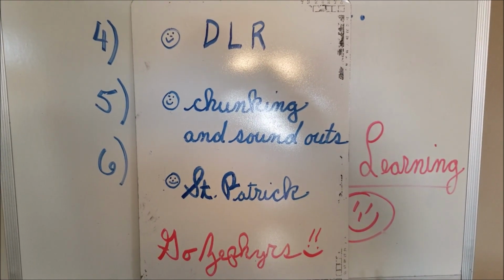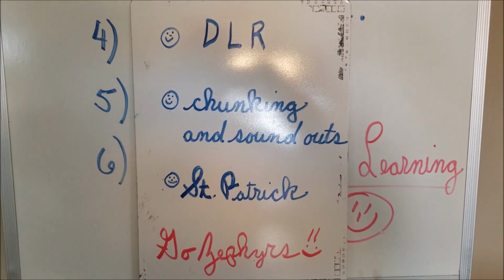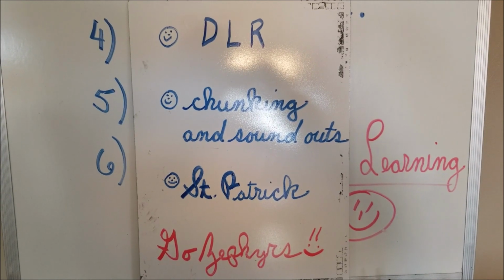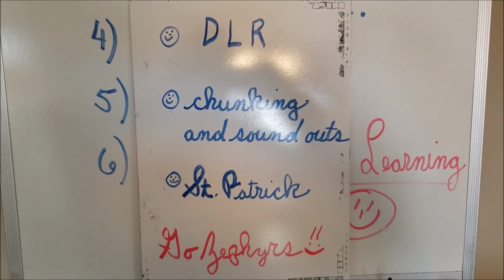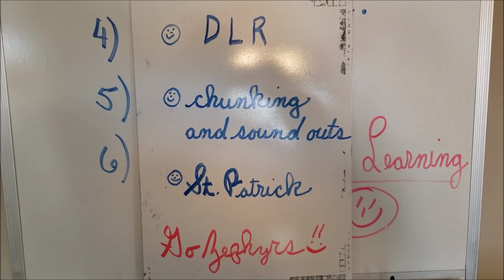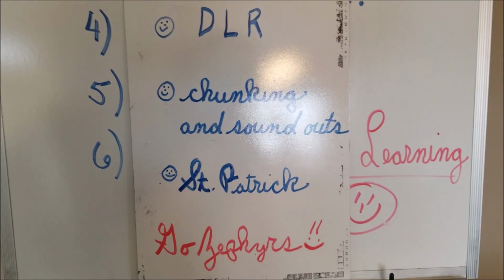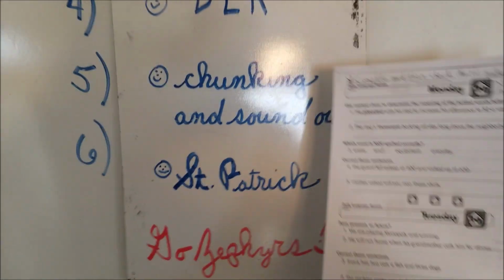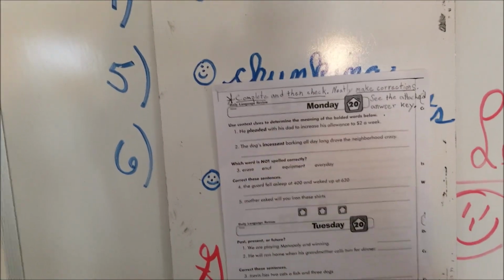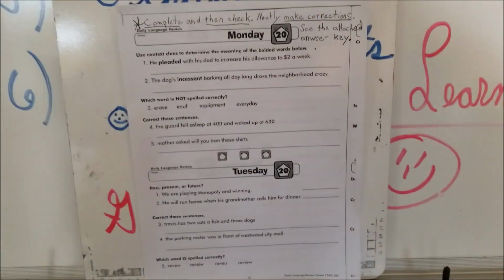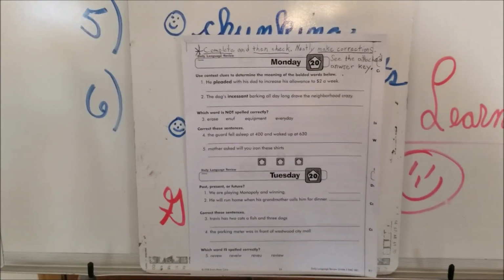Boys and girls, we'll just quickly go through the rest of day 1 now. Our next thing on the list is our daily language review. Now, you have done this many times. You know how it works.